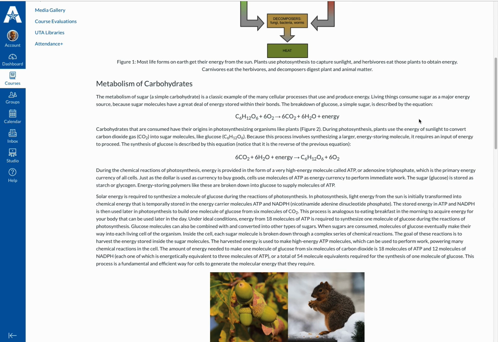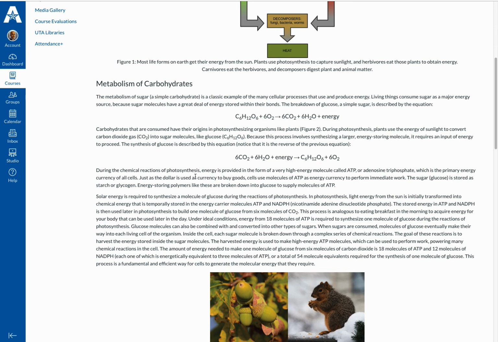The chemical formula for glucose is C6H12O6, and we combine that with oxygen in animals to release carbon dioxide, water, and energy. The opposite happens in plants during photosynthesis. We take in carbon dioxide, or rather the plants take in carbon dioxide, water, and energy from sunlight to generate glucose and oxygen.